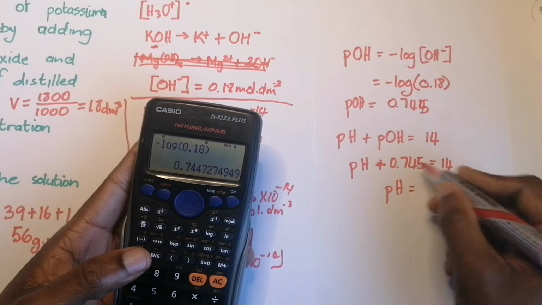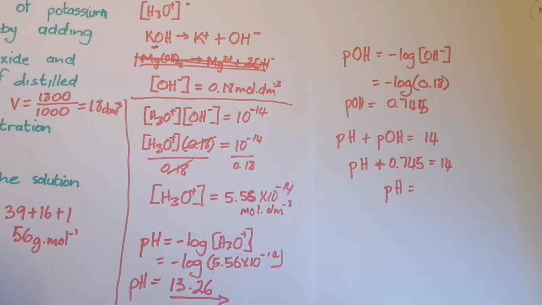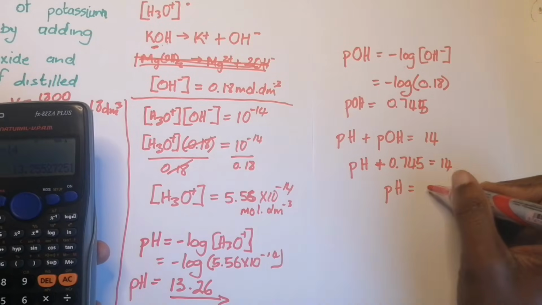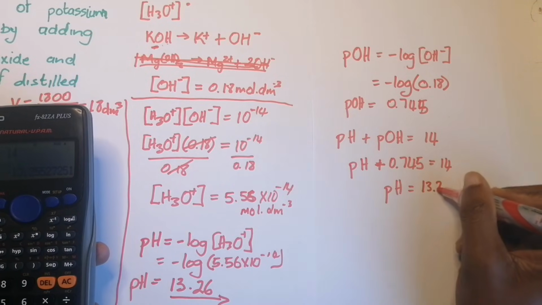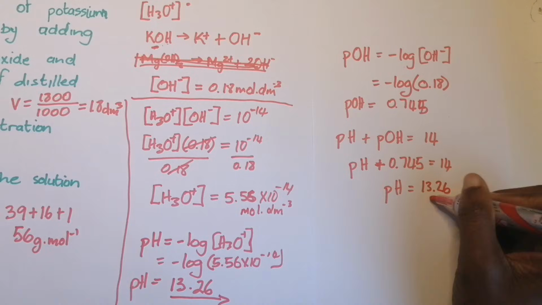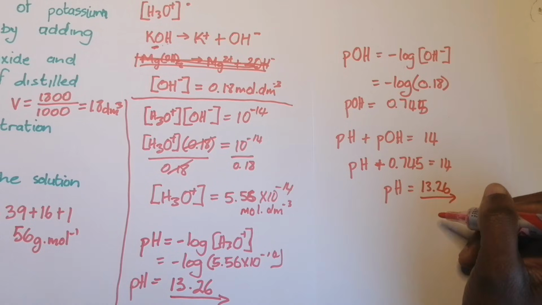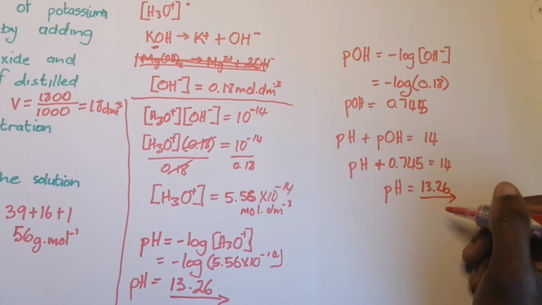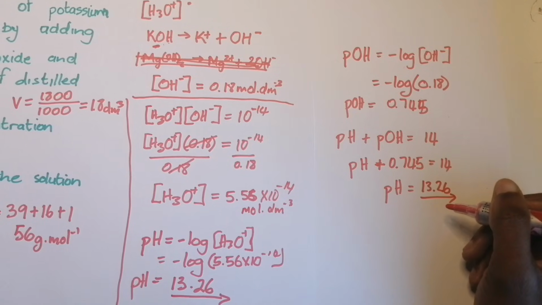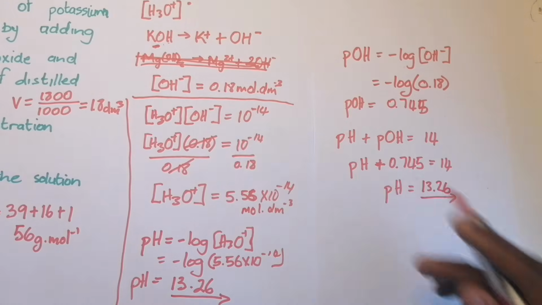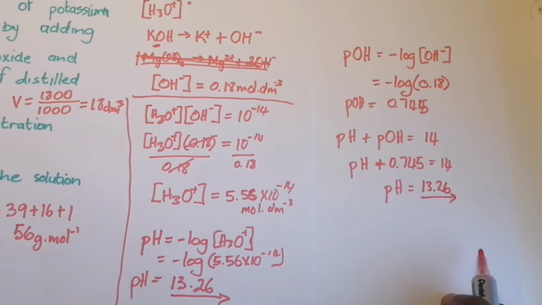So pH is 14 minus 0.745, and I get exactly the same answer, which is 13.26. So that's my pH value. And please remember that pH does not have units. Whether you prefer this one or that one, it is exactly the same.